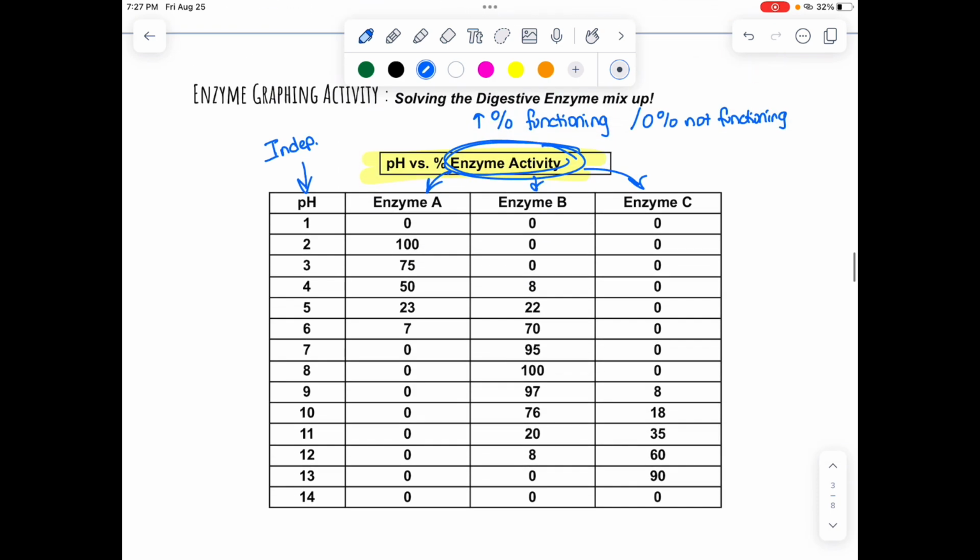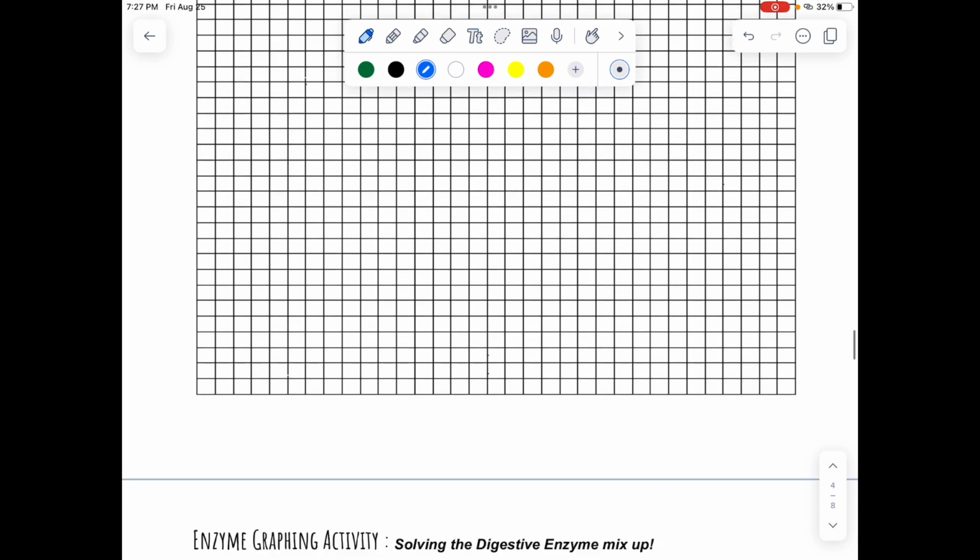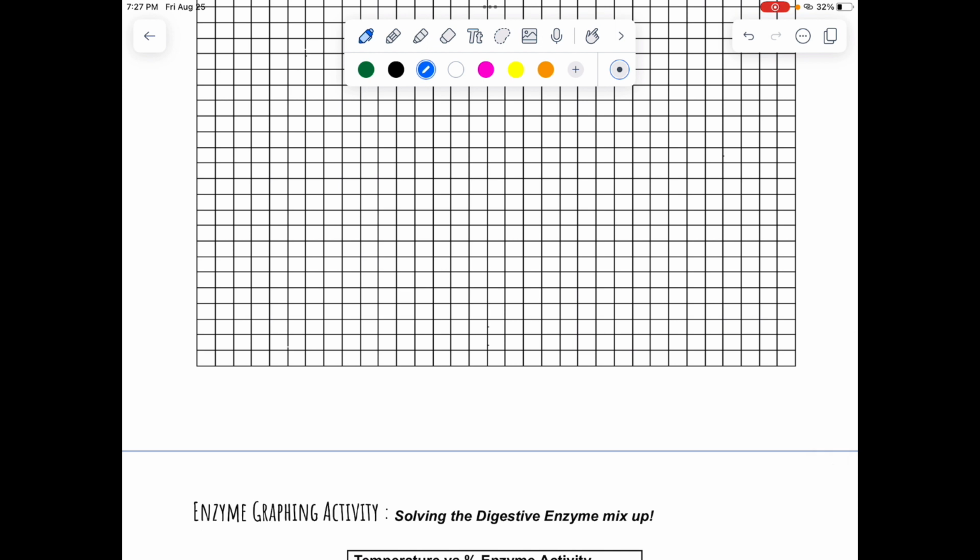Now, we need to go from 1 to 14. Our independent variable always goes down on the x-axis. So we're going to put the pH down here. We need to go from a pH of 1 all the way to a pH of 14. So what I'm going to do is count how many spaces I have. 1, 2, 3, 4, 5, 6, 7, 8, 9, 10, 11, 12, 13, 14, 15, 16, 17, 18, 19, 20, 21, 22, 23, 24, 25, 26, 27, 28.